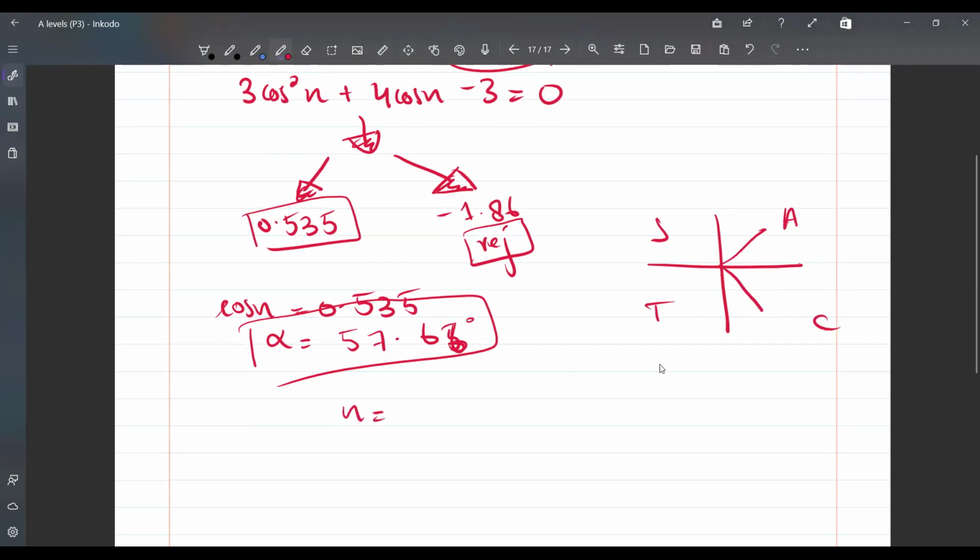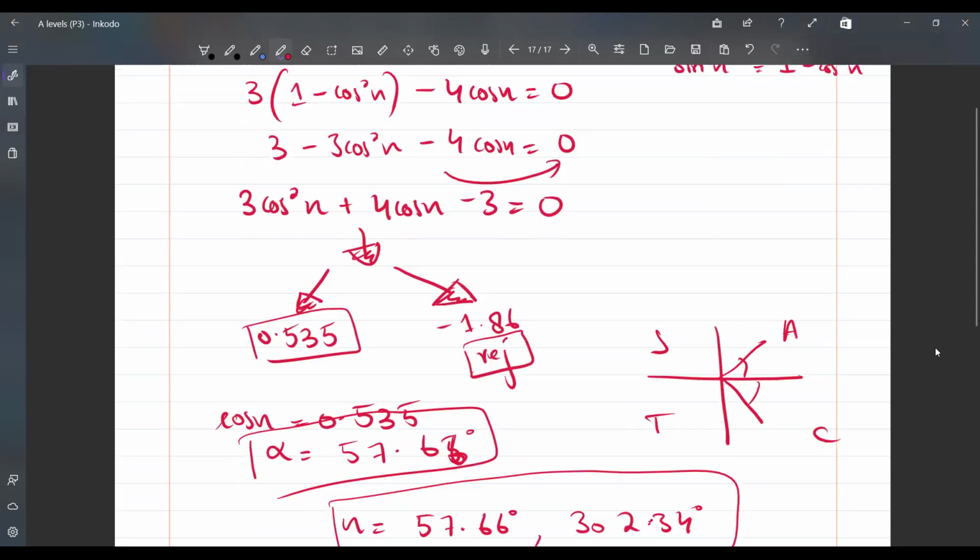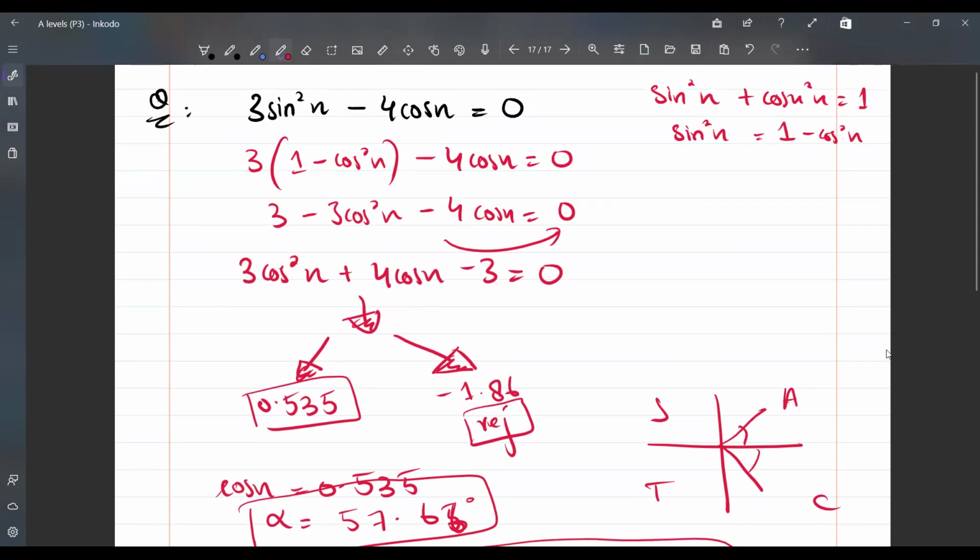So x would lie here and here: 57.66 degrees, and 360 minus 57.66 gives us 302.34 degrees. So yes, in this case, we did not have to apply harmonic, right?